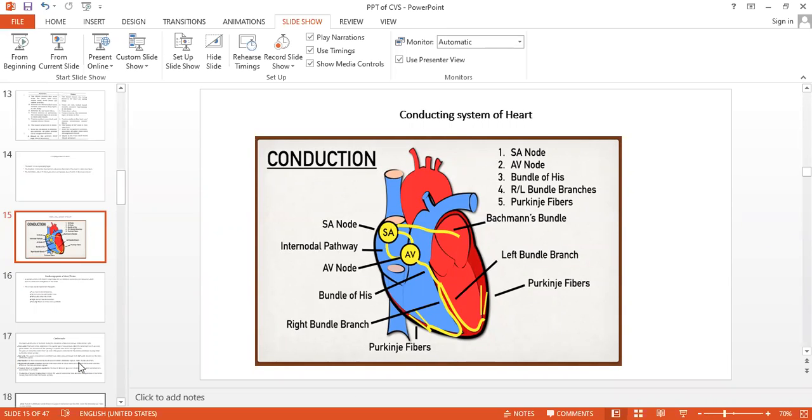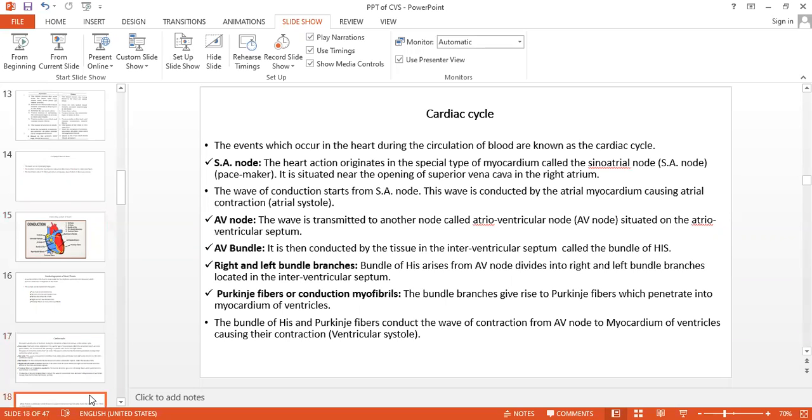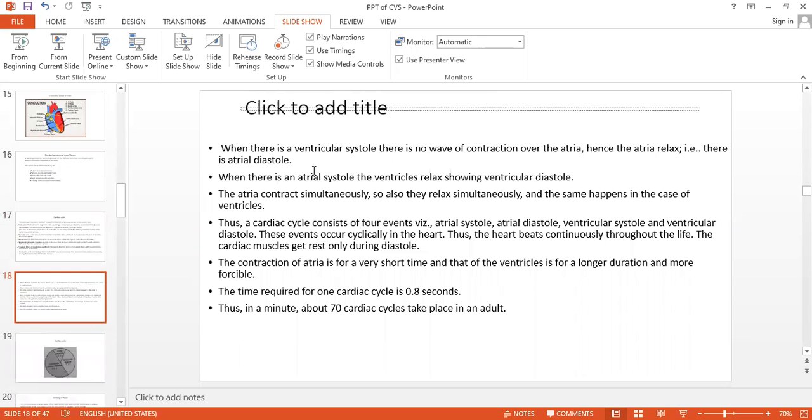Now we will see here again, when there is a ventricular systole. Now listen carefully. There are four parts. That is the atrial systole, ventricular systole, atrial diastole, and ventricular diastole. Okay. Systole means contraction and diastole means relaxation.